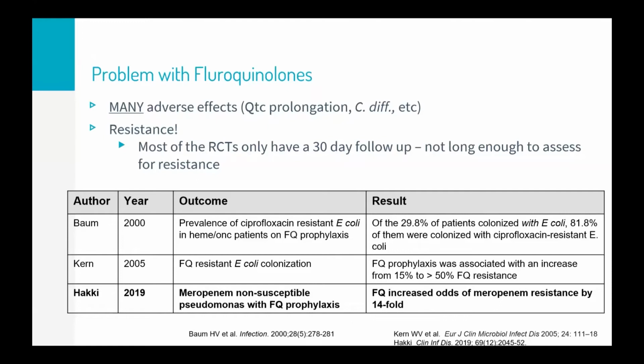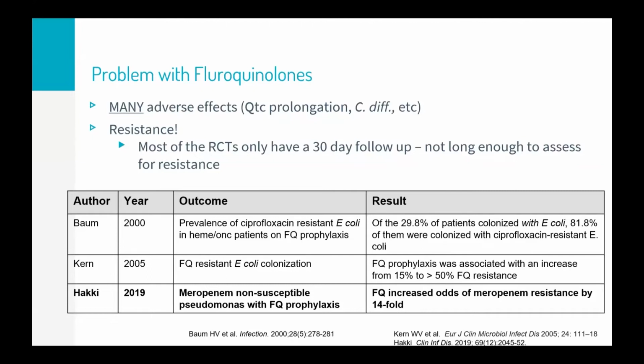I listed a few studies that showed resistance in fluoroquinolone prophylaxis use here. The first one being the study by Baum in 2000, which looked at the prevalence of ciprofloxacin-resistant E. coli in hem-onc patients on fluoroquinolone prophylaxis. And of the 30 patients colonized with E. coli, 82% were resistant to ciprofloxacin.